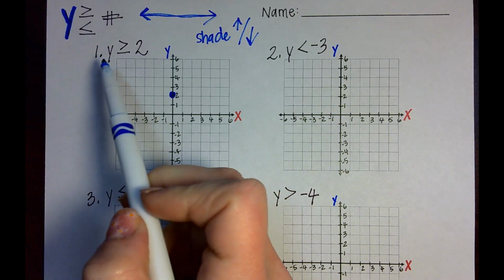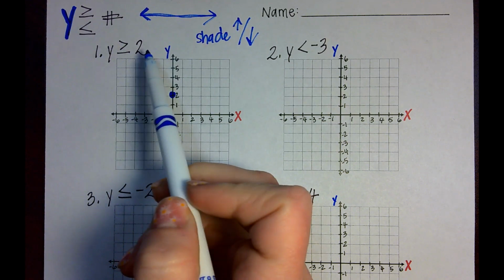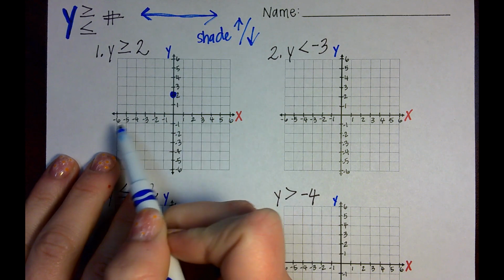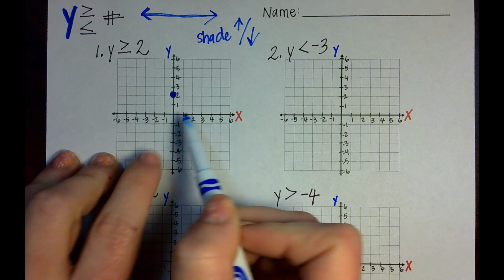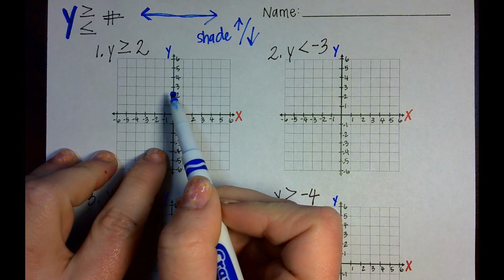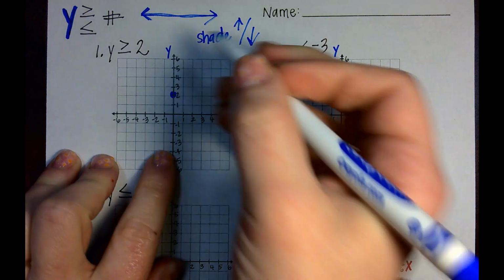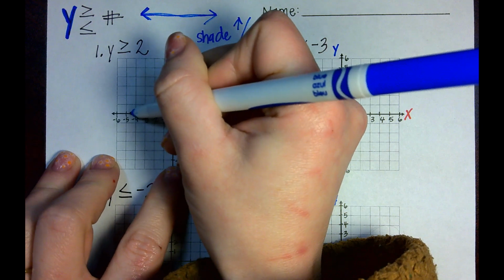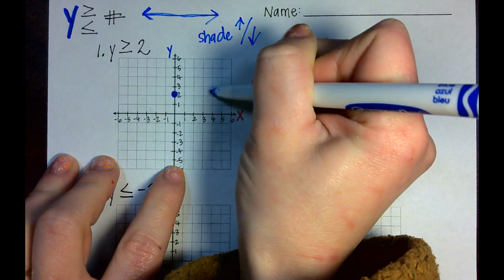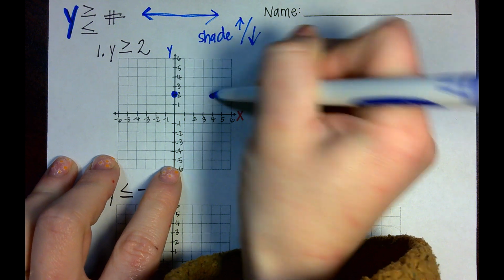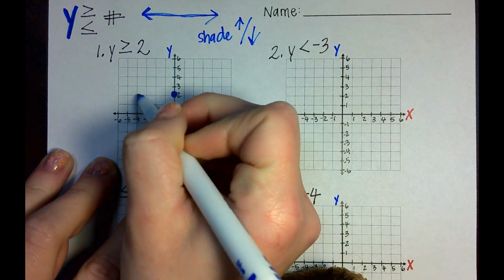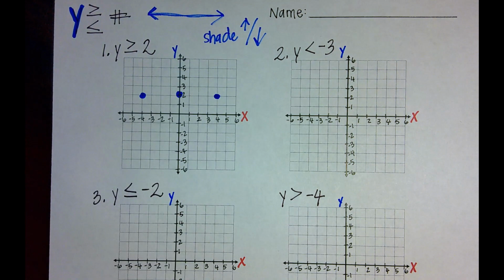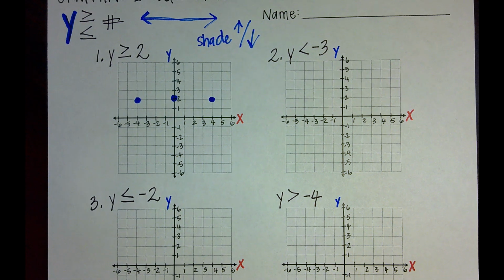And we know if y is 2, then no matter where I go, to the left or the right, my y is always going to be 2. So whether I went to x is 4 or x is negative 4, my y is still at the same height of 2. Doesn't matter what we put for x.